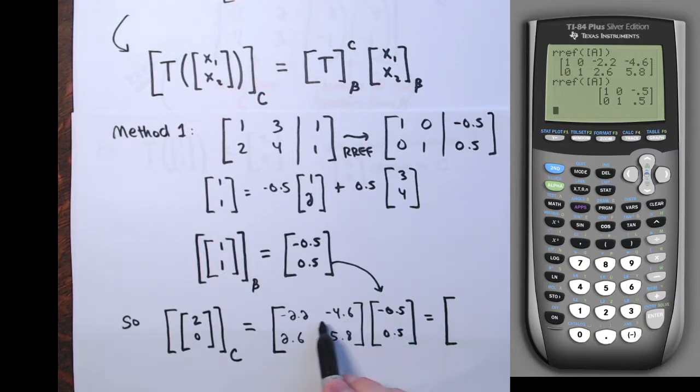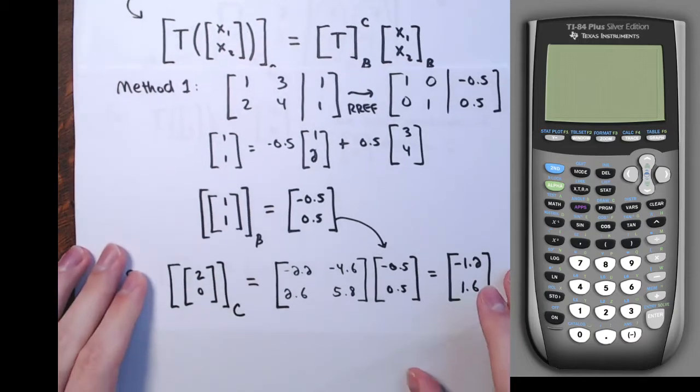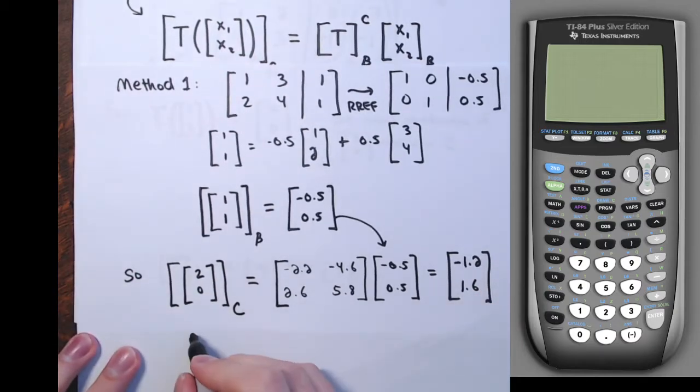That's 1.1 minus 2.3, which is negative 1.2 for the first coordinate, and then negative 1.3 plus 2.9, which is positive 1.6 for the second coordinate. Let's check that this works.